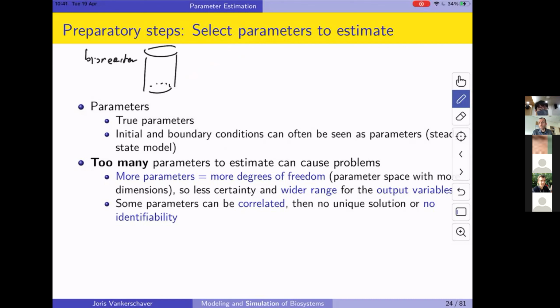We may have many different parameters that can be at play in the model of our bioreactor. We can have parameters that determine the chemical reaction or reactions that go on in the bioreactor, so we might have some kinetic rates.